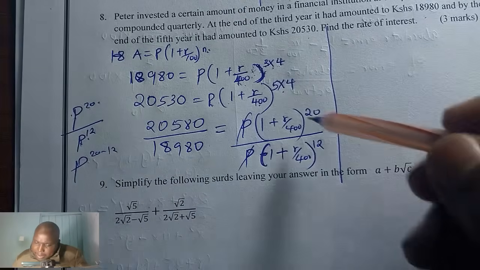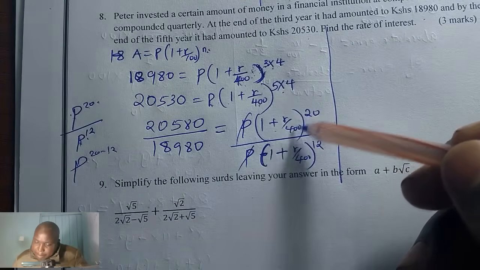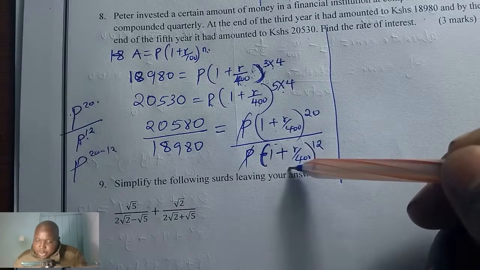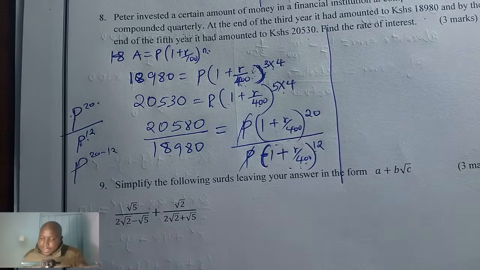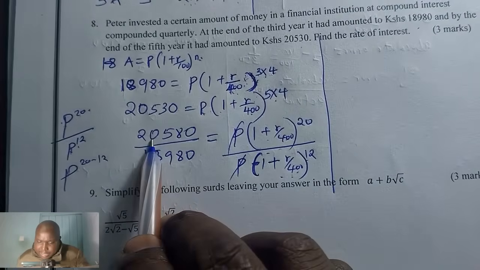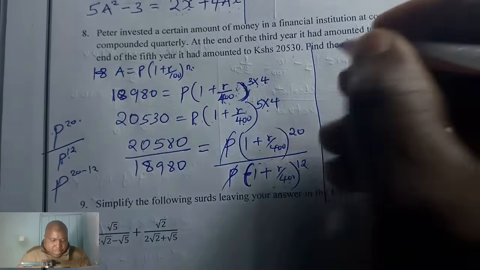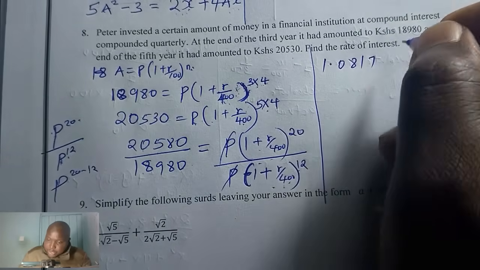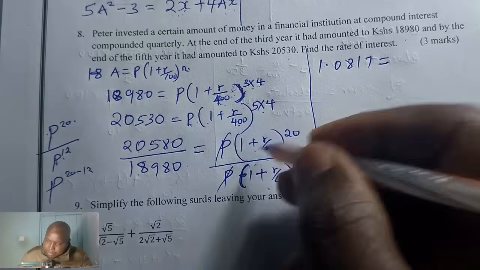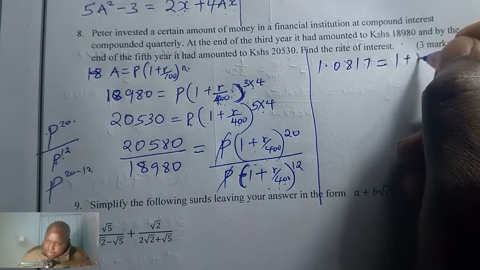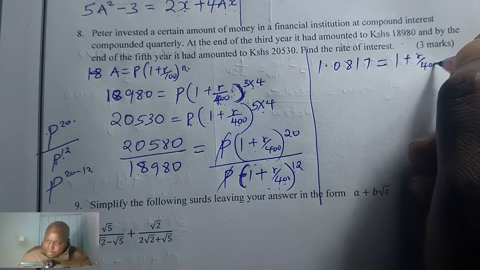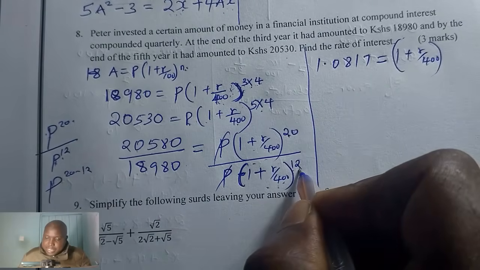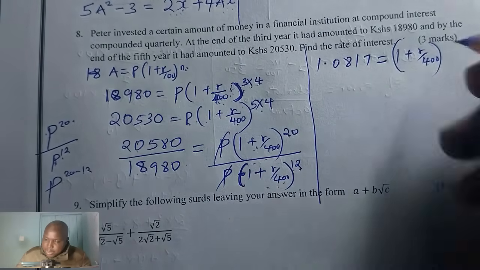The bases are the same, you can see. So we are going to deal with the powers. 20,530 divided by this, the answer is going to be 1.0817, which is equal to take one base, which is 1 plus r over 400, and then this 20 minus 12, because we are dealing with the powers, it's going to be 8.